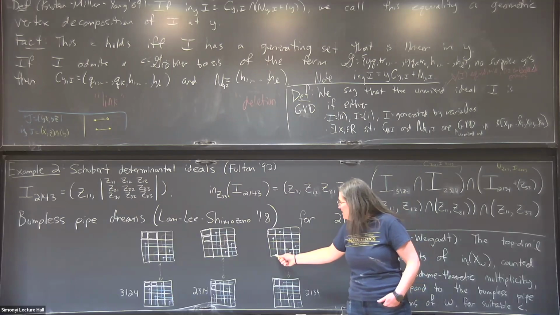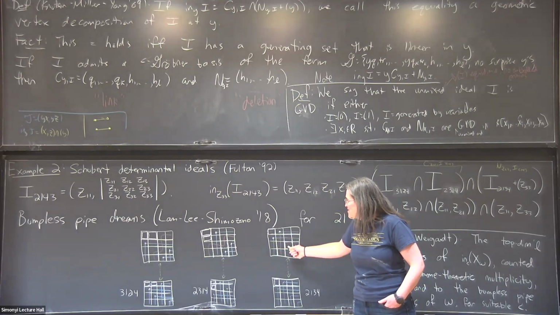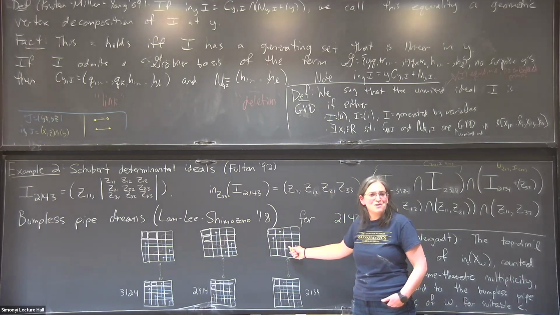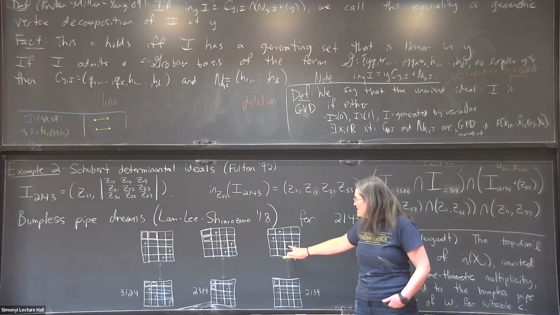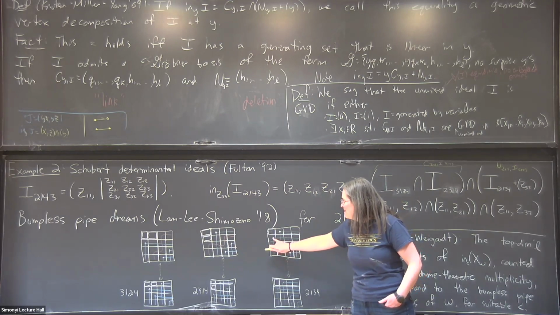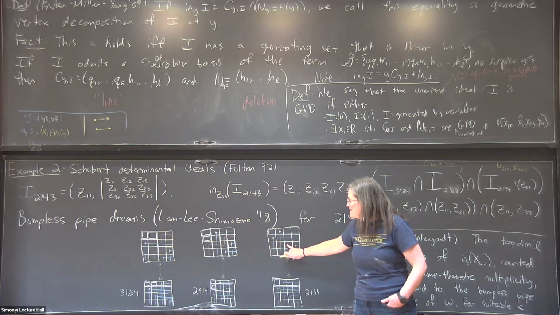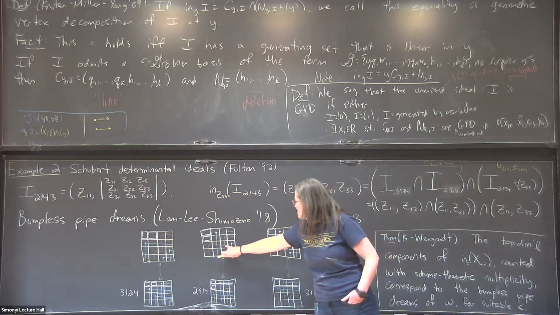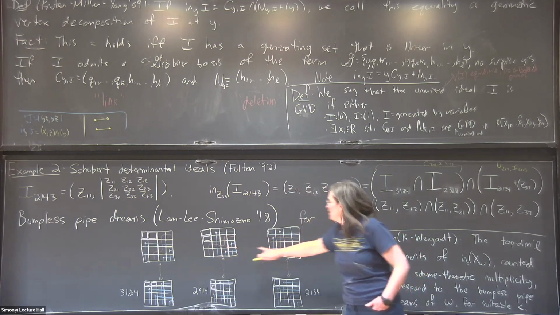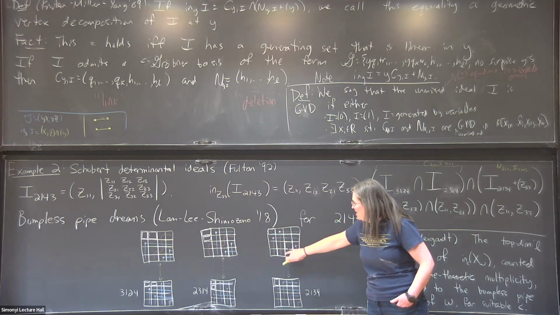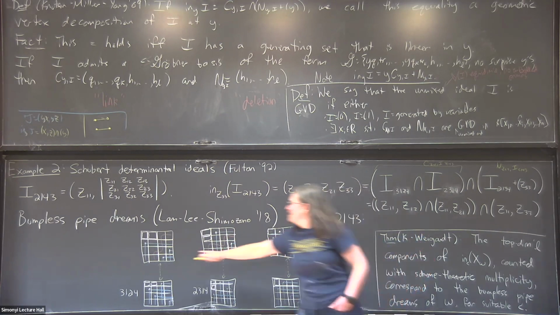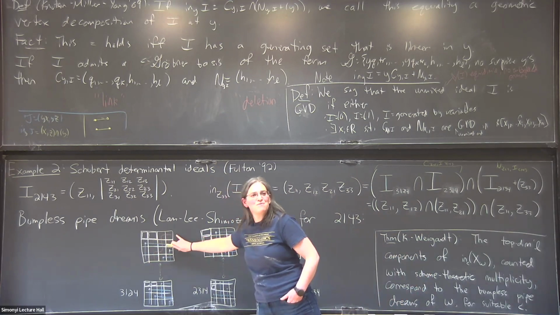So a droop move is I take this wire and I droop it into an available square. In this case, there are 2 droop moves that I can perform. I can take this wire and droop it down here, and then I get this bumpless pipe dream. Or I can take this pipe and I droop it down here, and that gives me this bumpless pipe dream.